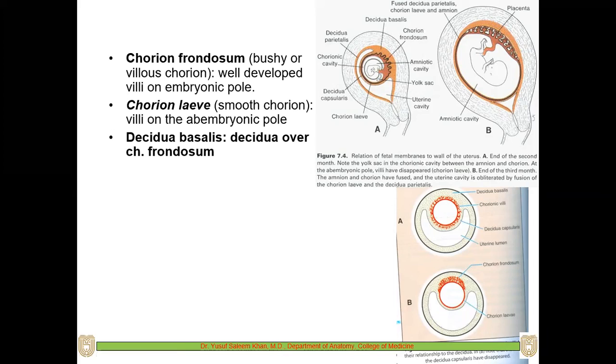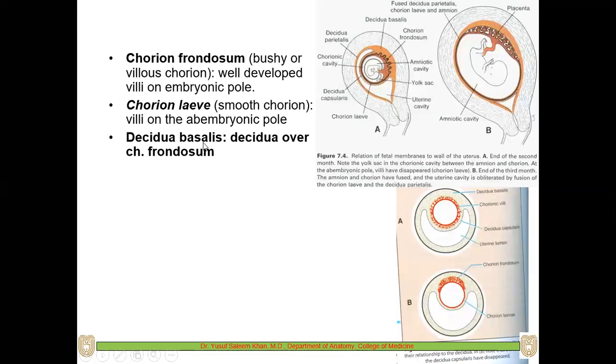Then similarly, just like the chorion has different types, even the decidua, that is the endometrium of the uterus, does. This is the endometrium of the uterus. This is the myometrium, the thick muscle. So the endometrium or the decidua is also divided into three types.